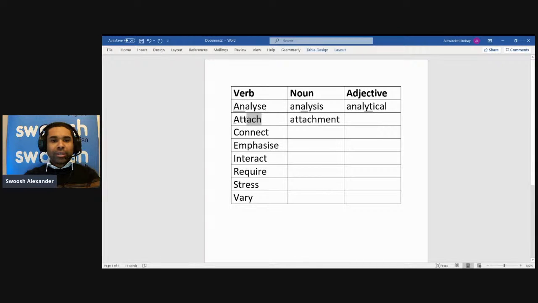So the stress remains on the second syllable. And the adjective would be attached. So again, still second syllable stress in this case for the adjective.